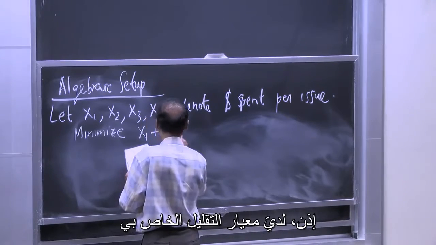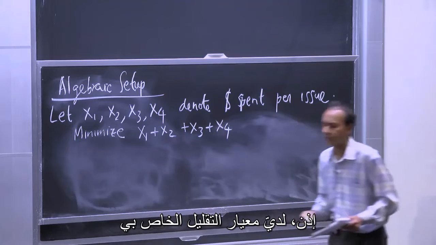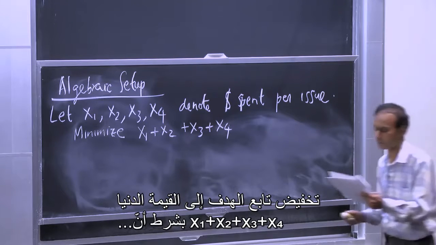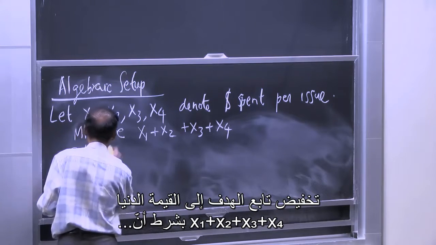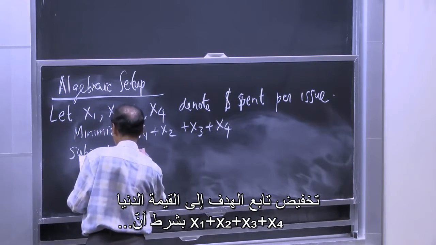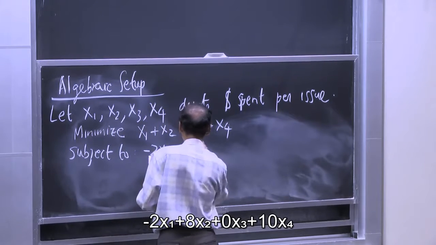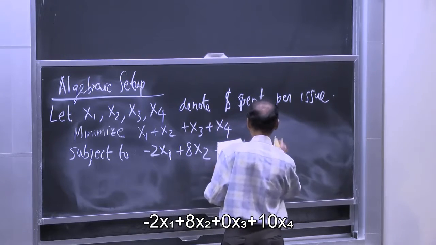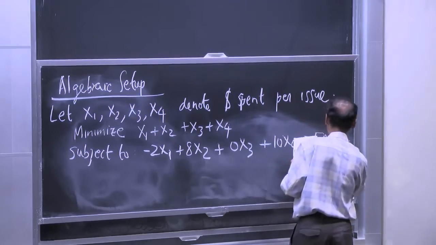And so I got my minimization criterion, minimize x1 plus x2 plus x3 plus x4, subject to minus 2x1 plus 8x2 plus 0x3 plus 10x4 greater than or equal to 50,000.